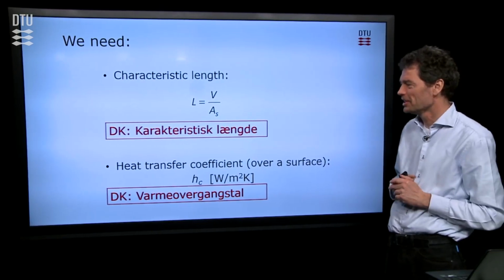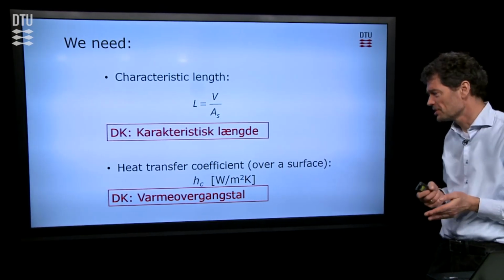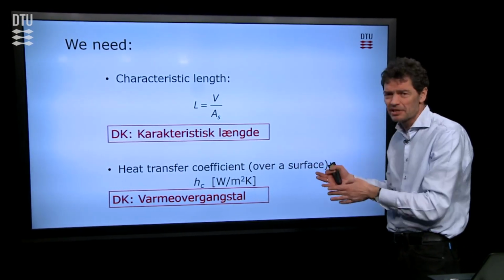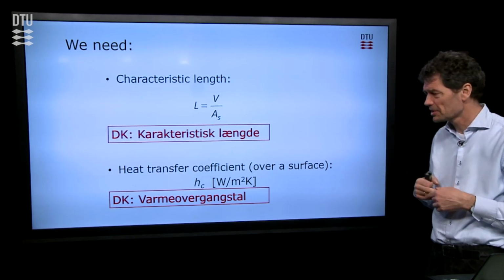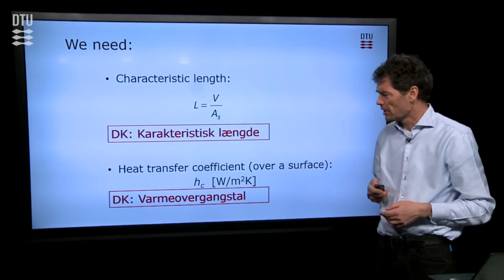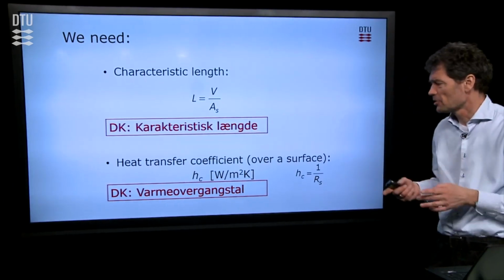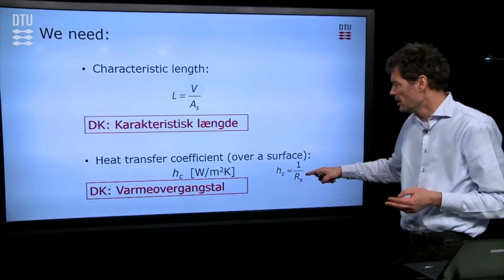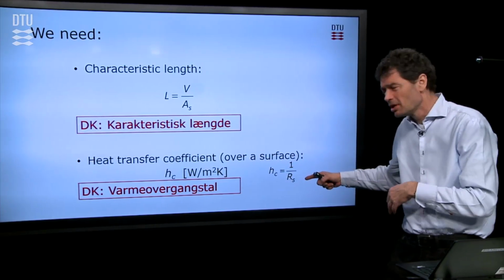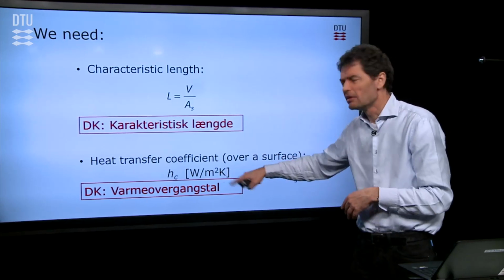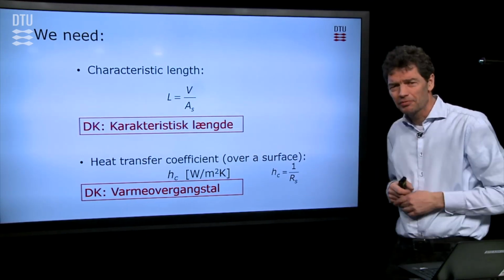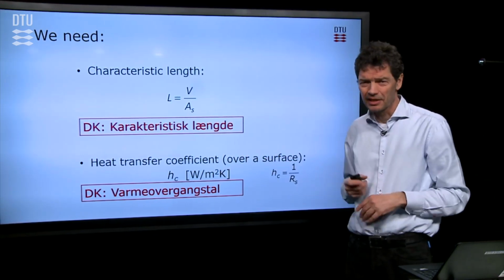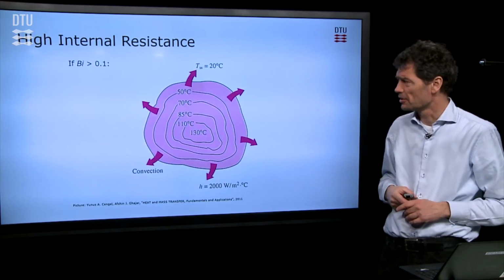Yet another number we need is the heat transfer coefficient that represents heat transfer over the surface of the material. So Hc represents that. Sometimes we represent a similar value, but that's 1 divided by the surface resistance. So of course it will also be the inverse unit, but very often in theory we use one number or the other and can calculate easily from one to the other.